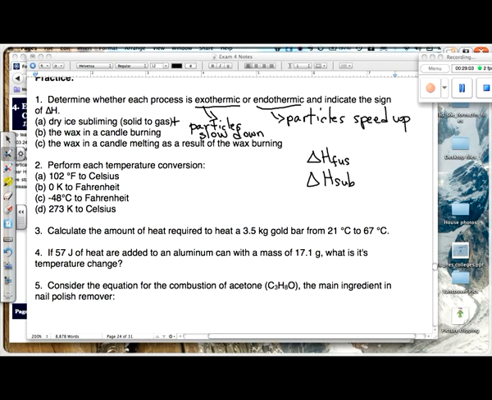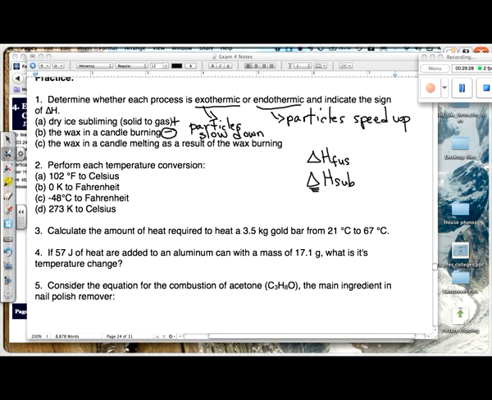Enthalpies always have a triangle in front because we can't measure them directly, but we can measure the change. If I'm going from a solid to a gas, I am speeding the particles up, so that would represent an endothermic change. The wax in a candle burning: am I giving energy off? Yes, I am. So this should be negative.